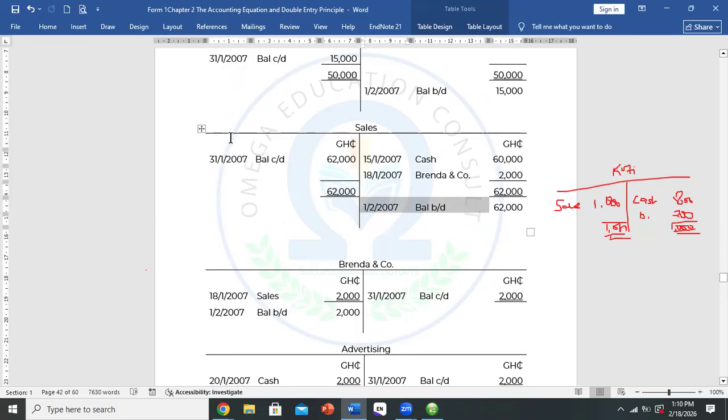So I wanted to know, after this balancing, what else are we going to be learning? Well, when you are done balancing your accounts and you start your trial balance, if you look at the process in accounting, the next thing is to prepare what we call final accounts. And the final accounts are made up of your income statement and your balance sheet. Your income statement is where you determine whether you are making profit or loss as a business.